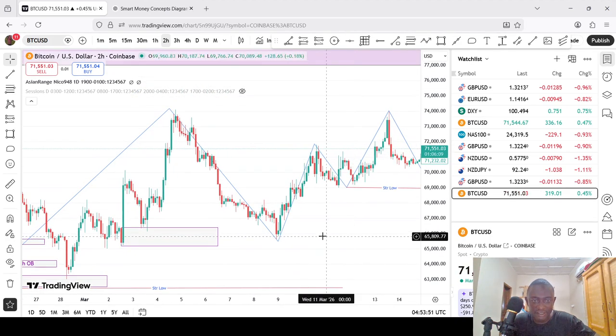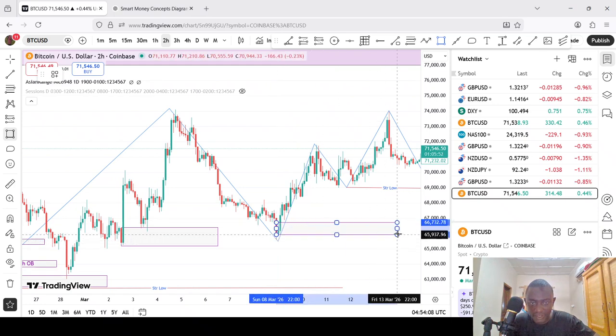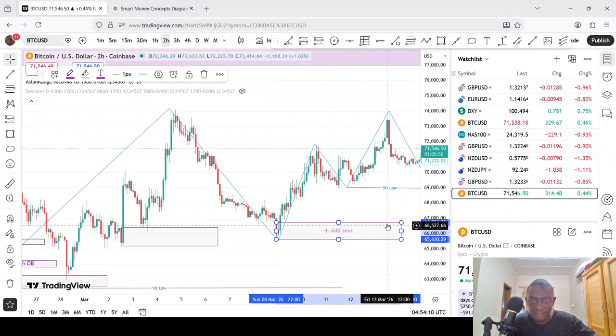You get it? Here was a strong move, and it used that base to break that particular high. So this one too is an order block, though it was mitigated with time. You understand the meaning of mitigation.